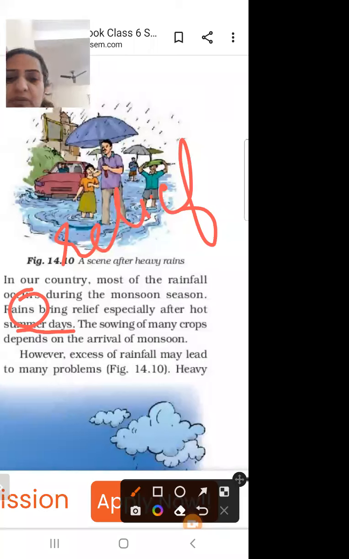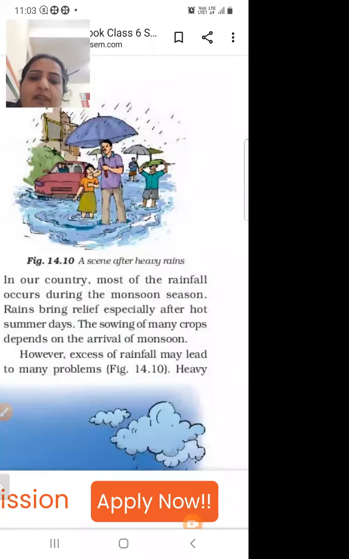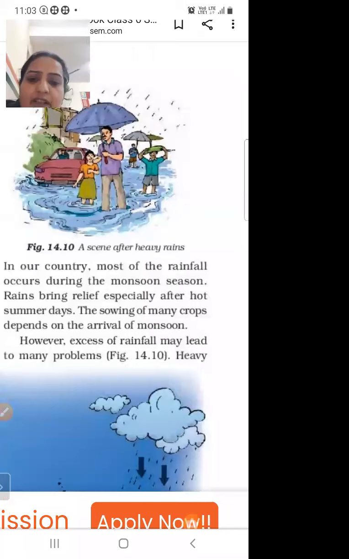So when we grow different types of crops, it depends on the season. However, excess of rainfall may lead to many problems. When in an area there is excess of rainfall, it leads to many problems.